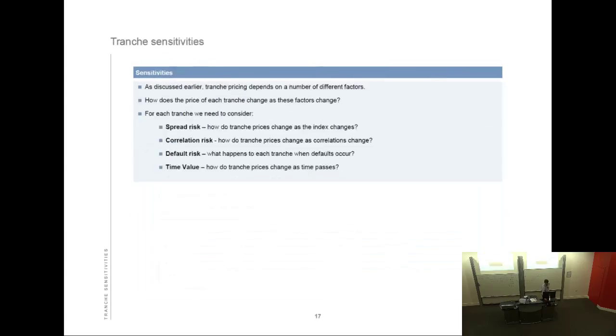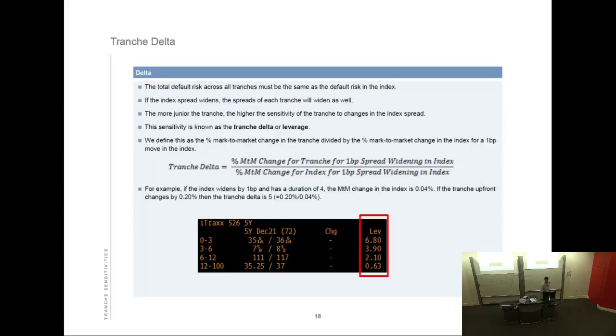Now, look at this chart. What you see here is that the delta of your tranche is 0.6. So you're buying 0.6 times index protection against your tranche.